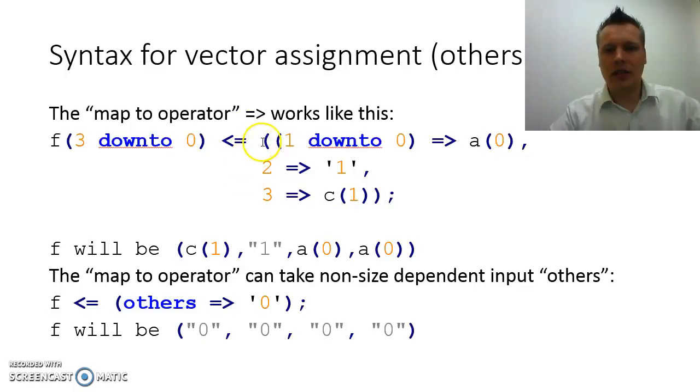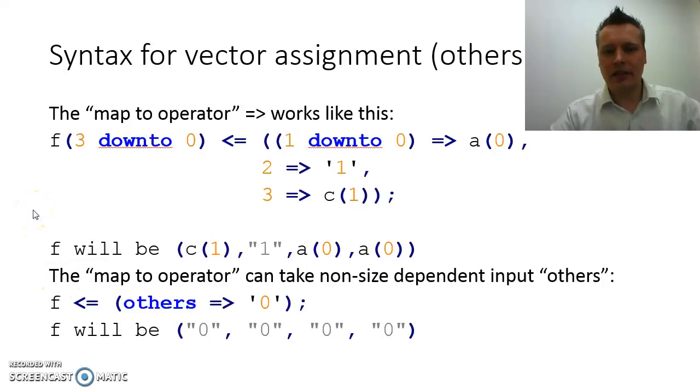You can have a list where, for this output vector, defined as 1 down to 0, the last 2 elements should be equal to A0, element 2 should be equal to 1, and element 3 should be equal to element 1 in vector C. Hence, F will be defined something like this if you write it out. Right now we don't really know what C1 and A0 are.